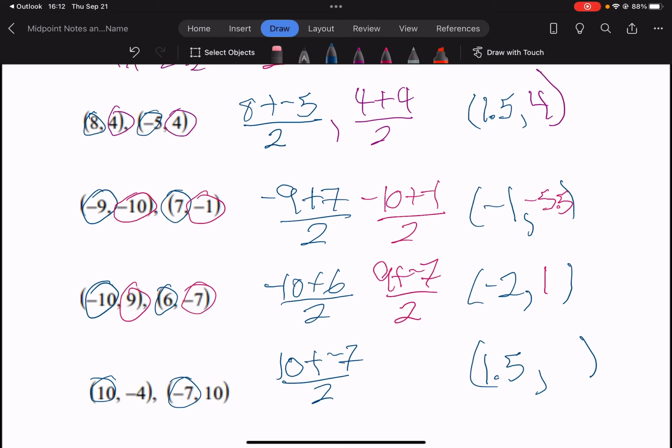It's always going to have a 0.5. And then, last but not least, negative 4 plus 10 divided by 2. Right, it's 6. And half of 6 is 3. Notice you had an even number. Right, you can divide by 2. Okay, guys, you can work independently or with your side-by-side partner.